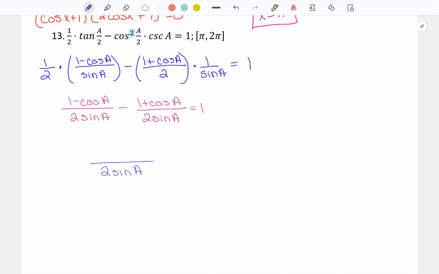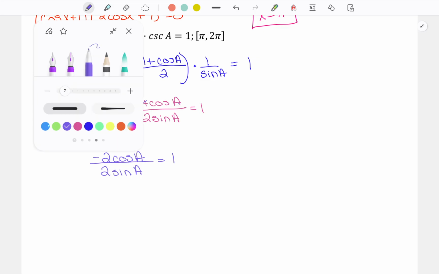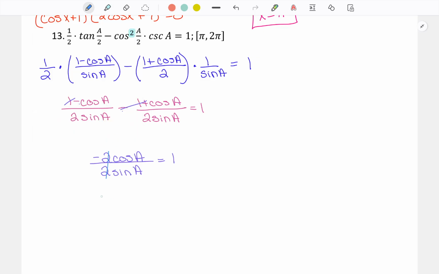And then I have a 1 minus 1, so those cancel each other. And then I have a negative cosine a minus cosine a. So that becomes a negative 2 cosine a. And that's over sine a, and that equals 1. So these 2's will cancel. So I have a negative cosine a over sine a equals 1.